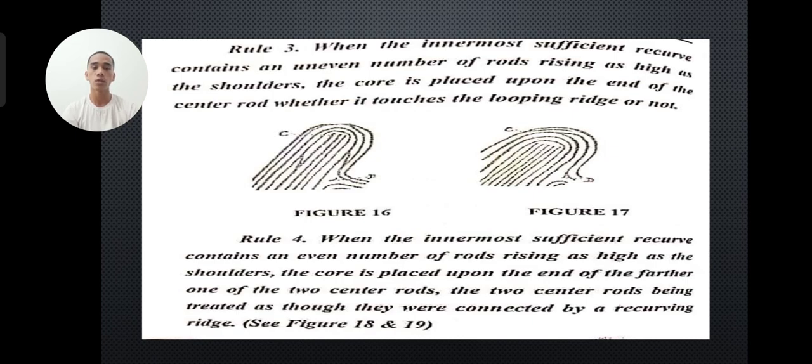In rule number 4, if there are four ridges, which is even, the center is between the two rods, and what we look for is the one farther from the delta. Therefore, that rod is the core. The rod that is farthest from the delta is called the core.